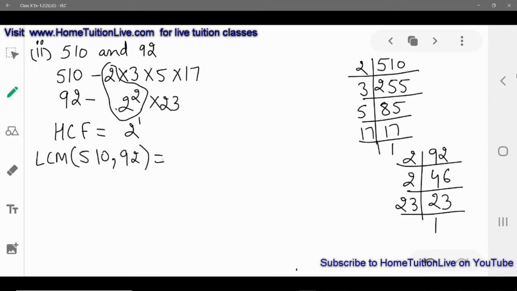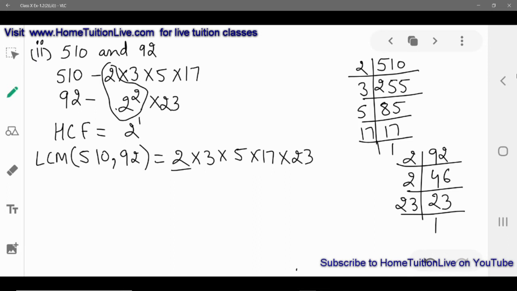And LCM of these numbers is equal to 2 power 2, 3, 5, 17, 23.